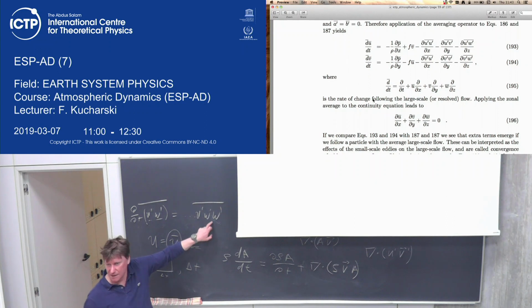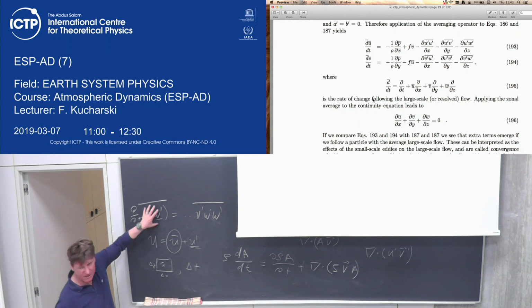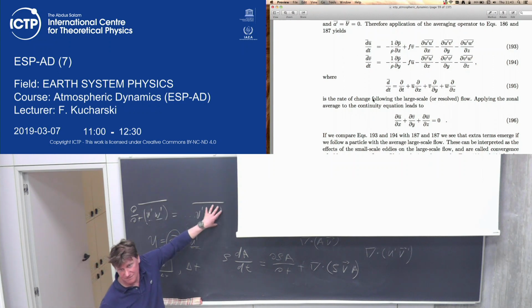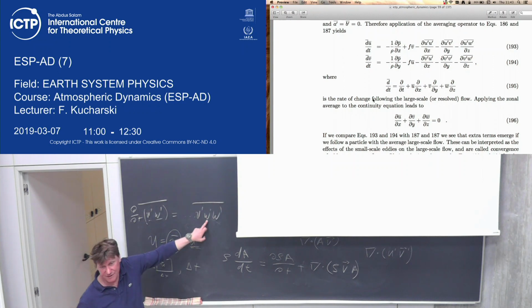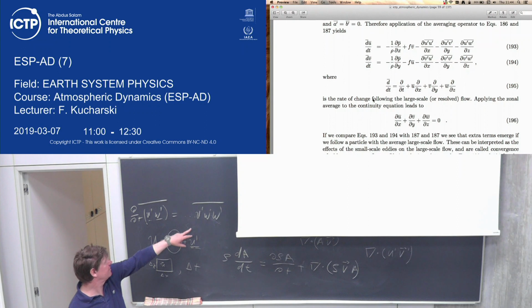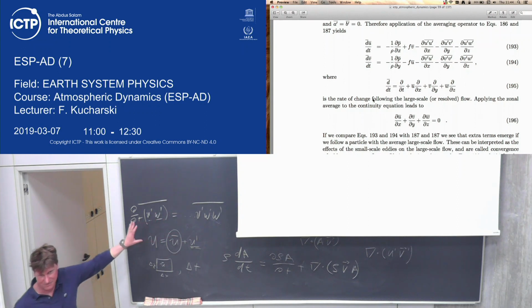Some people believe it's better, so you write down the prognostic equations for the second order variations, but then you have to parameterize this. And if you derive an equation for this, you get quadruple fluctuations. So there is never an end to the story. At some point you have to parameterize.